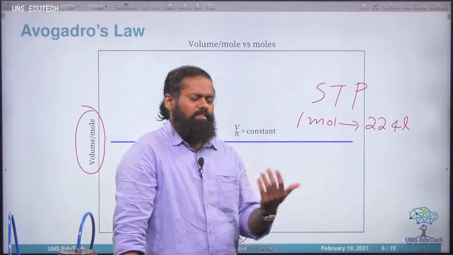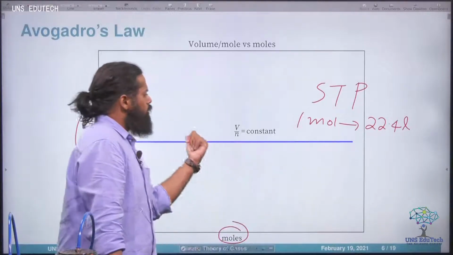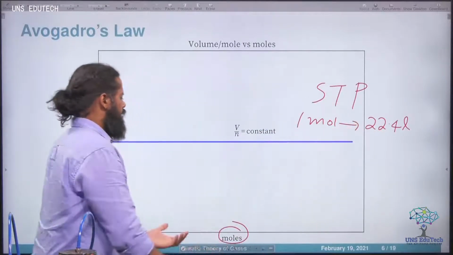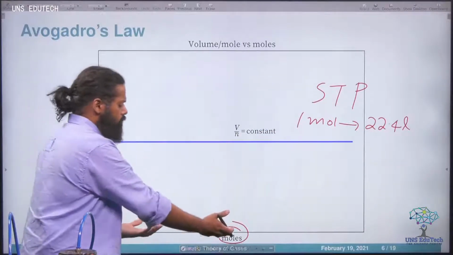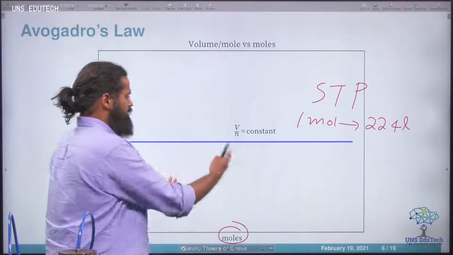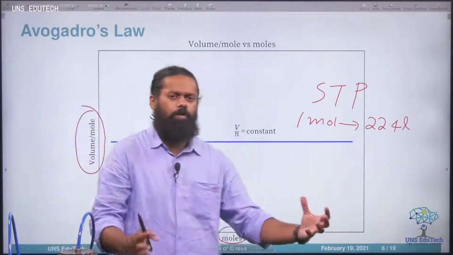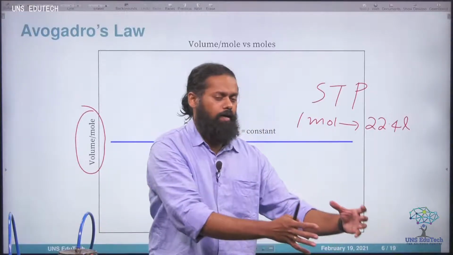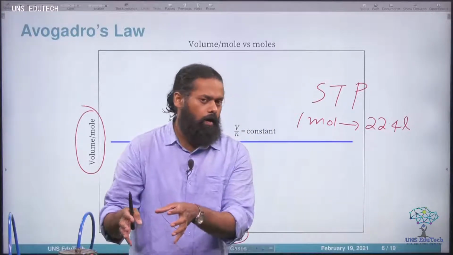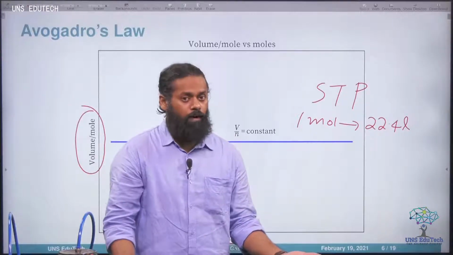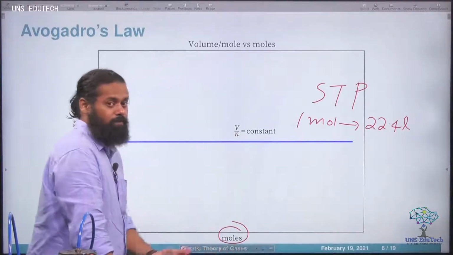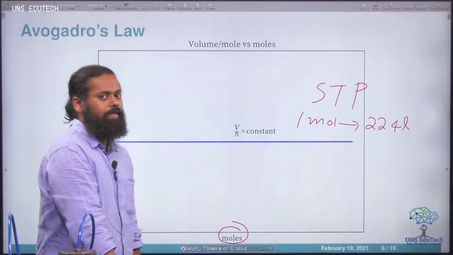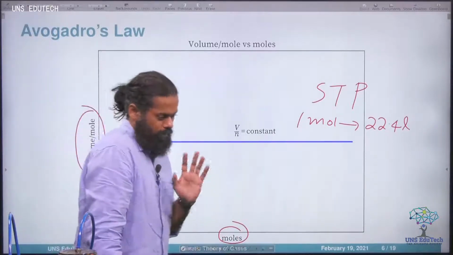Based on that only we say at STP, 1 mole will occupy this much space, and if you take a certain volume, you can identify the number of moles. For example, if in one container you have nitrogen and another contains O2, and both have the same volume, then the same number of moles, the same number of molecules will be in that system. That is called Avogadro law basically.